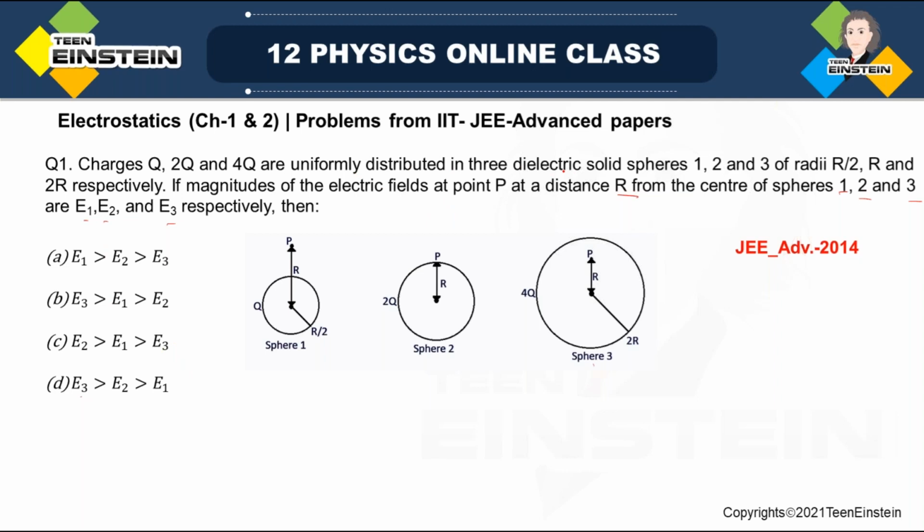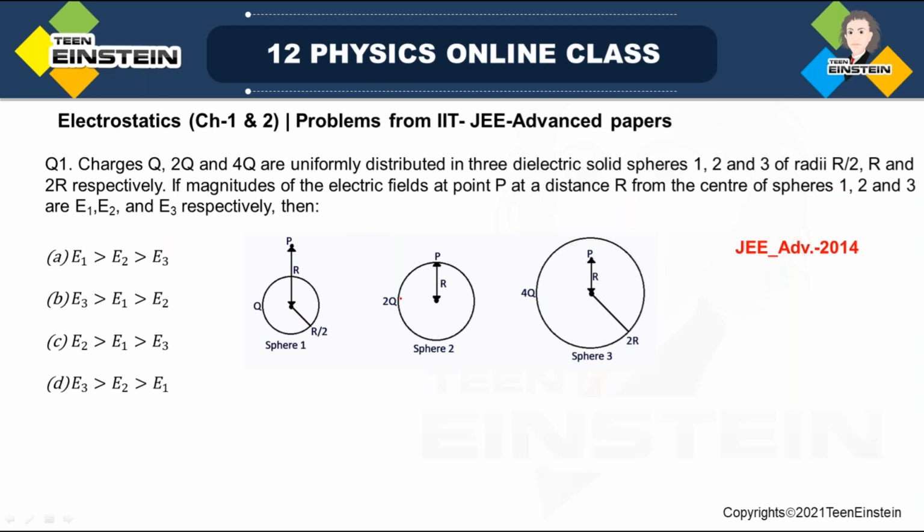First of all, these spheres are dielectric solid spheres. That means these spheres are non-conducting, so they have no free charges. All the charges are bound charge within the solid sphere, and charge can reside inside since it is a solid non-conducting sphere, as well as on the surface.